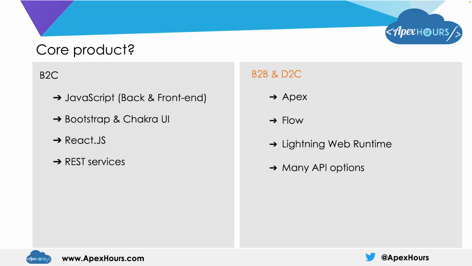and also a big difference is the availability of API options. On B2C Commerce Cloud, you basically have REST. You have something called the Open Commerce API and the Salesforce Commerce API, which I will come back to later. While on B2B and D2C, you have a lot more options when it comes to integrations with third parties.